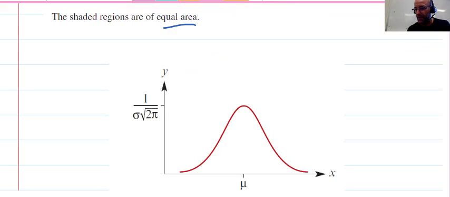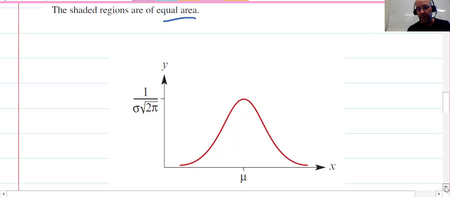In fact, regardless of the values of the mean and the standard deviation of a normal density function, the area under the curve within a given number of standard deviations from the mean is always the same. We can see this in these other graphics here.